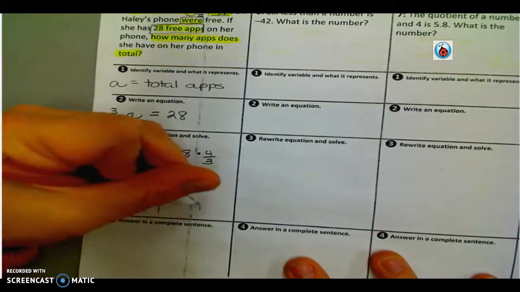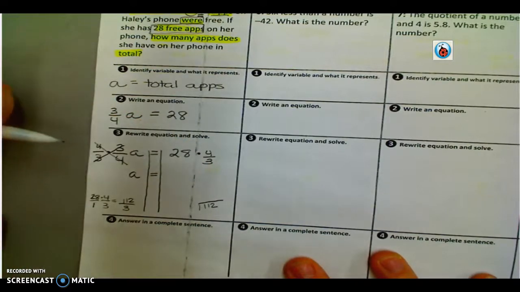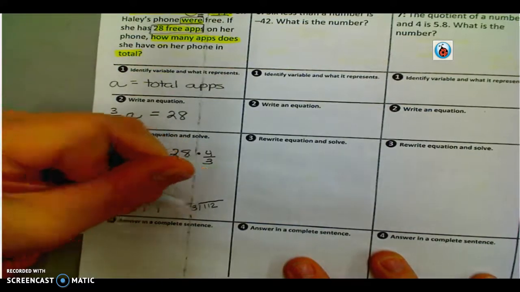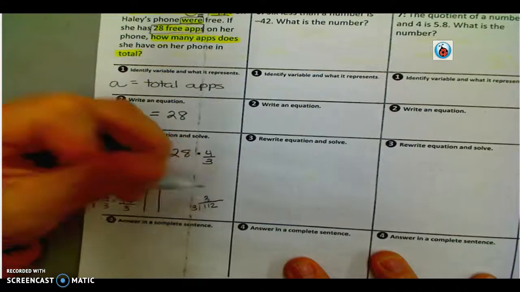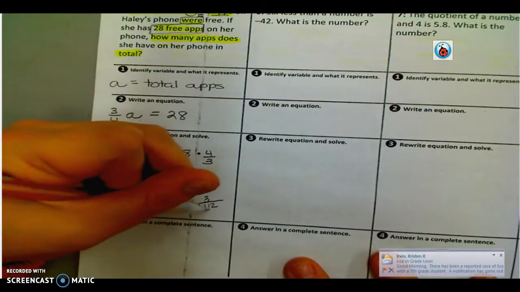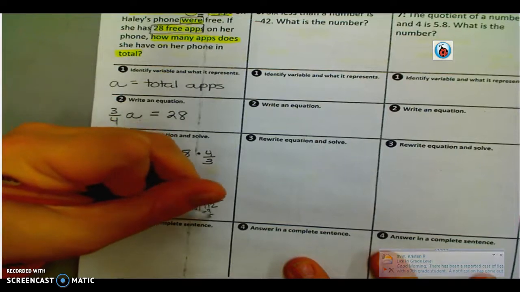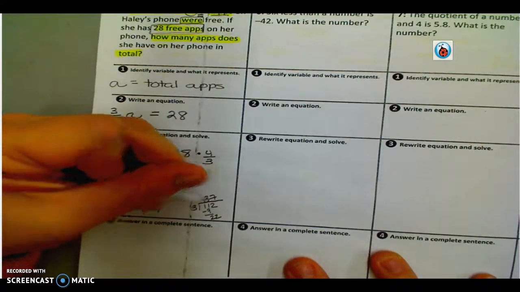Still got to do my messy math. I'm not 100% sure here. 3 goes in 3 times. That goes in 7.